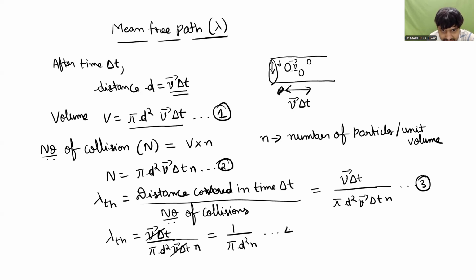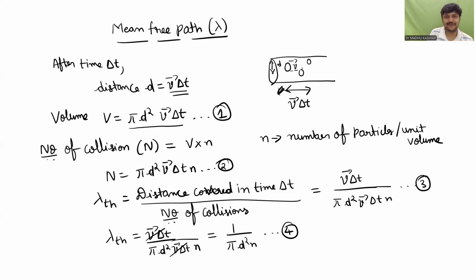This is your theoretical mean free path. Now we need to find the real mean free path, because we are talking about one gas molecule here, but there are many gas molecules, and when we considered this step, we assumed all the rest of the molecules are at rest.